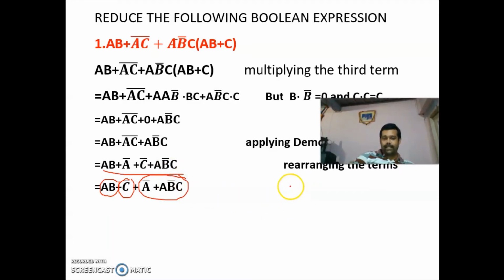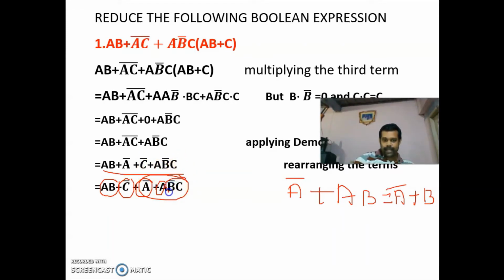Already I have told you that A bar plus AB is equal to A bar plus B. So here this is A bar, this is A, and in the place of B we will be having BC.